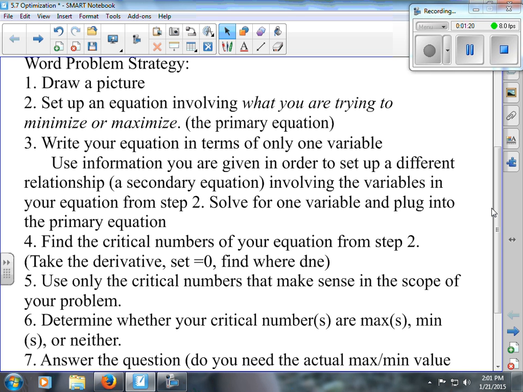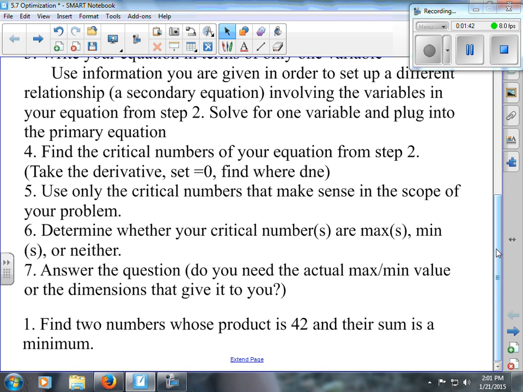Then we can take the derivative and find critical numbers, because critical numbers are where maximums and minimums happen. And we can't take the derivative until we have the equation in terms of only one variable. So we're going to find the critical numbers and then figure out if we have a max or a min and answer the question. Okay, so we're going to do 5 examples.